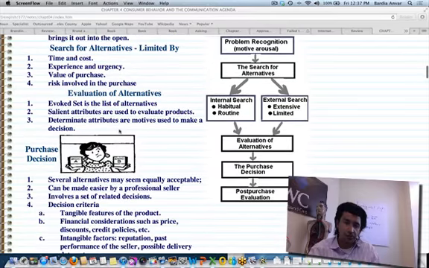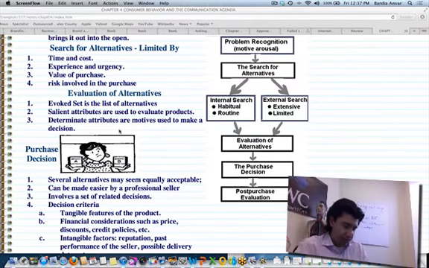So evaluation of alternatives, we go over that, and then the purchase decision. Several alternatives may seem equally acceptable, like skilled wound care or ABC wound care may be just as good. They don't really see a difference. And really, as a professional seller, your job is to outline what the difference is between skilled wound care and ABC.